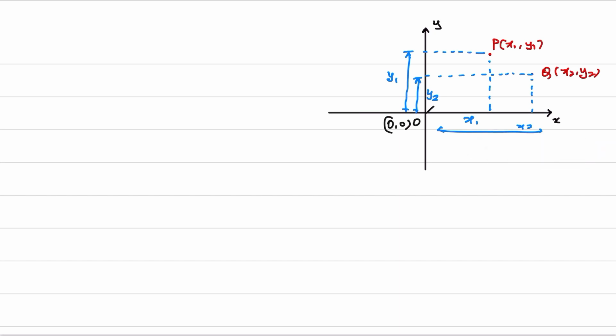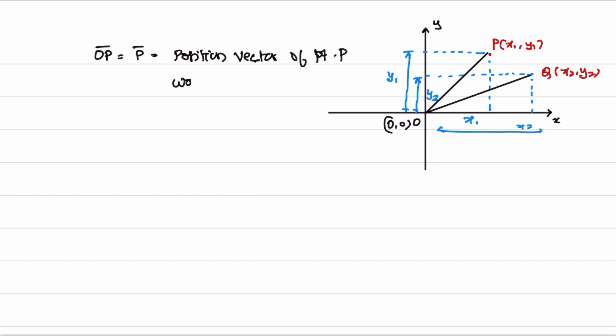From the origin, we will connect point P and point Q. Vector OP, if we call it P, is the position vector of point P with respect to the origin.